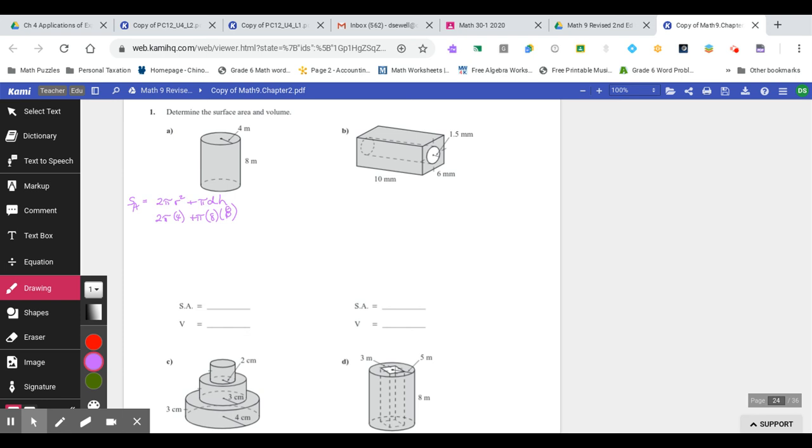Let's do the surface area of the box first. So we're going to have a 10 by 6. How do I know that's 6? Because these little marks here indicate that those are the same all the way around. So I'm going to have 10 by 6. And how many of those sides will I have? It looks like I'll have 4 of them. I believe so.